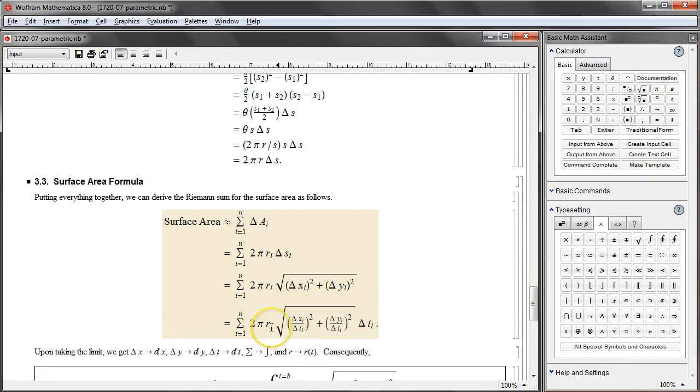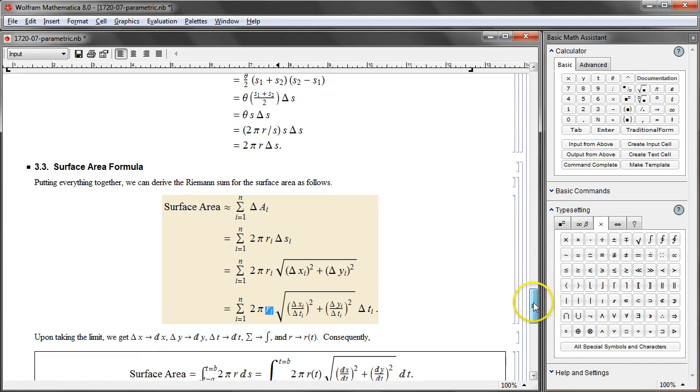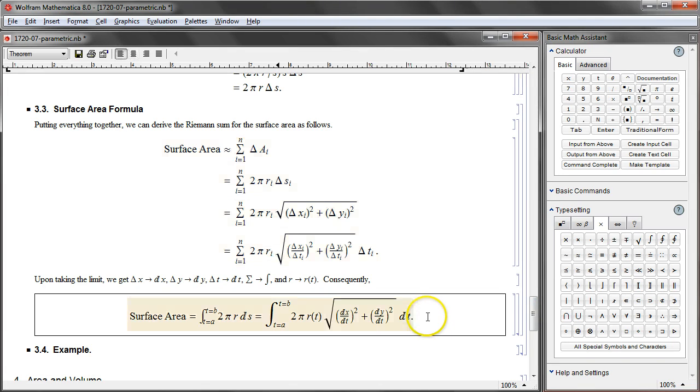And those ri, those are radii, radius of rotation. That's also a function of t. Consequently, we end up with this surface area formula upon taking the limit of this Riemann sum. Complicated, wasn't it? If you understood, great. If you didn't, you can still use this formula.